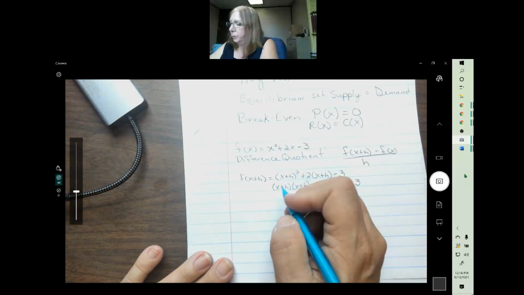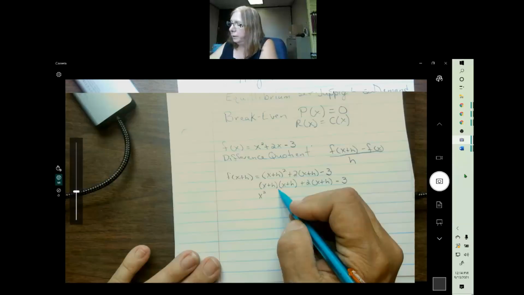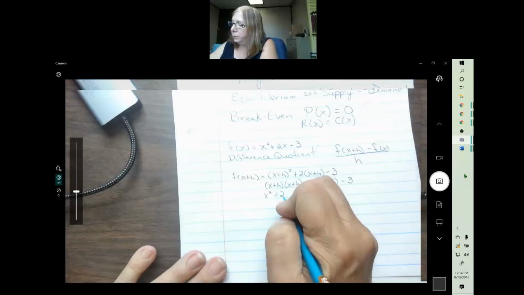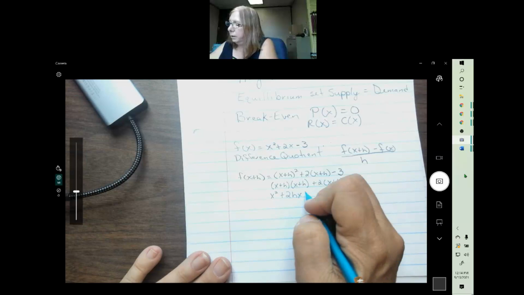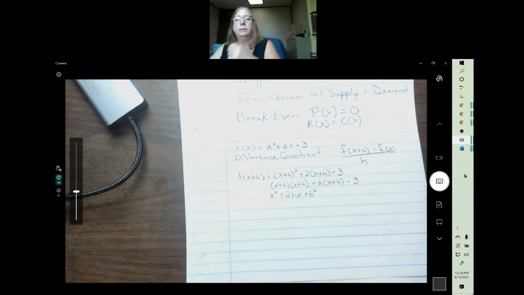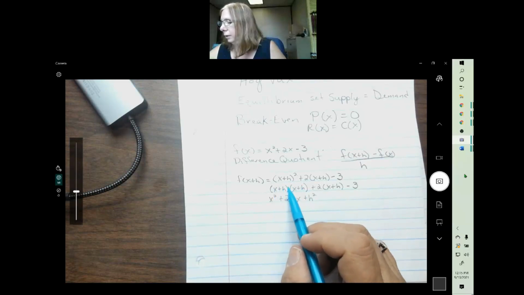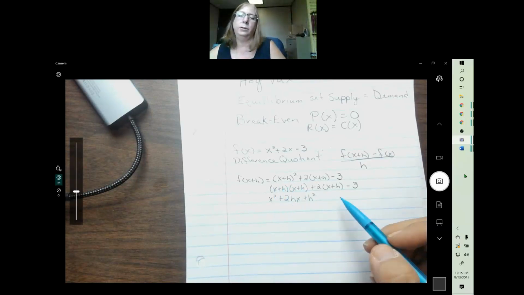So multiplying the first two, you get x squared. Multiplying the outside and the inside, you get plus 2hx. And the last two, h squared. Any questions on that? I combine the outside and inside because you get xh and xh for 2xh.